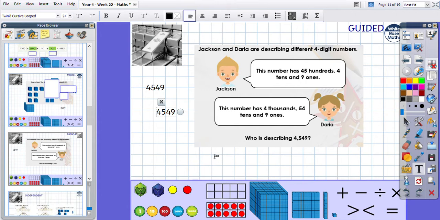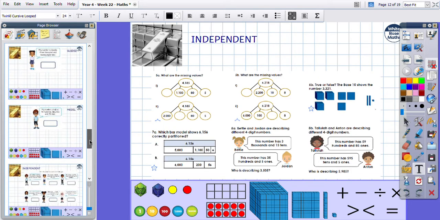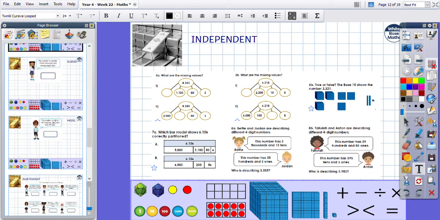Who is describing 4,549? Well, they both are. They are both describing 4,549. So your silver questions are here to move on with independently.